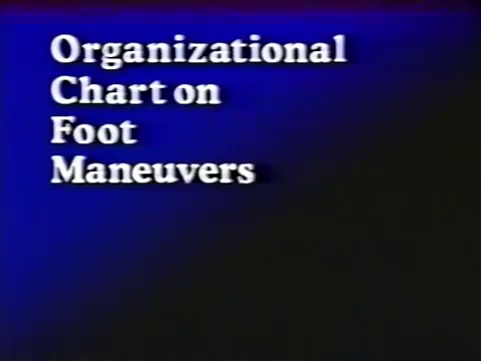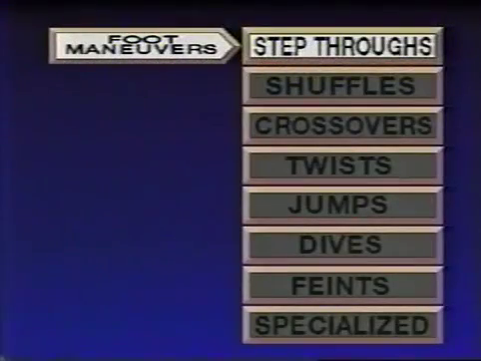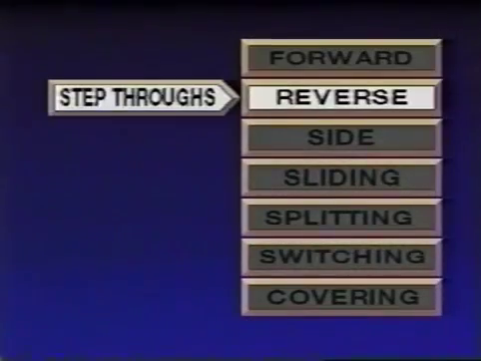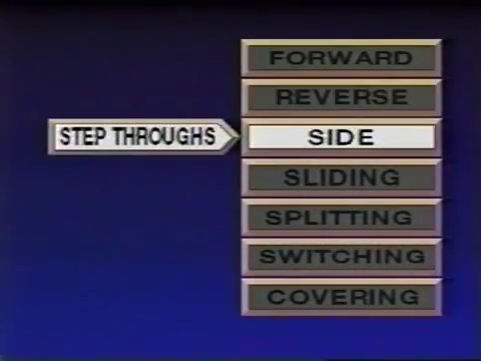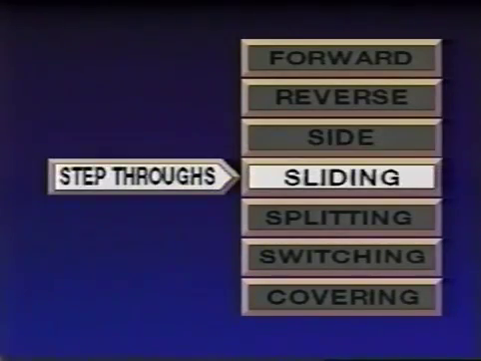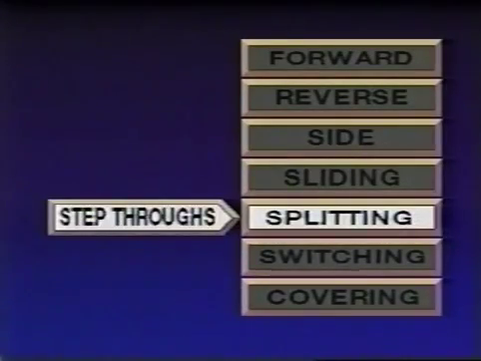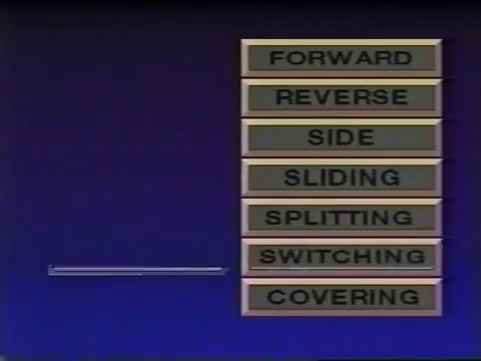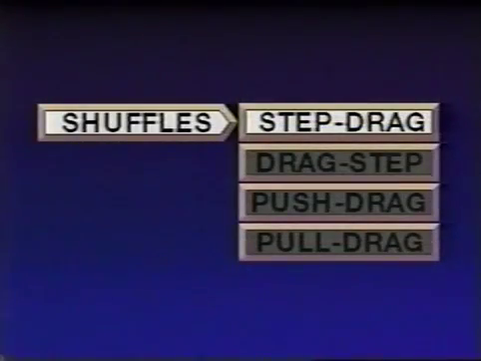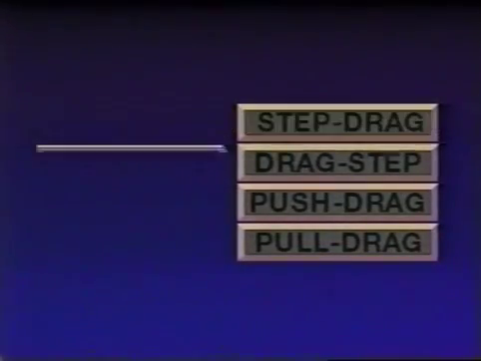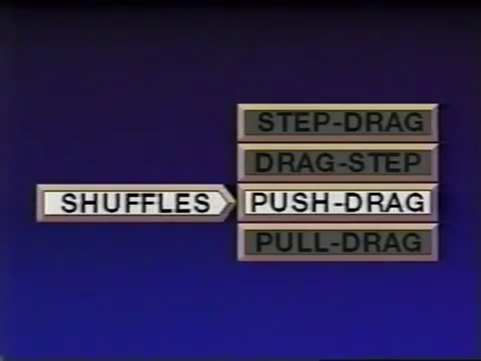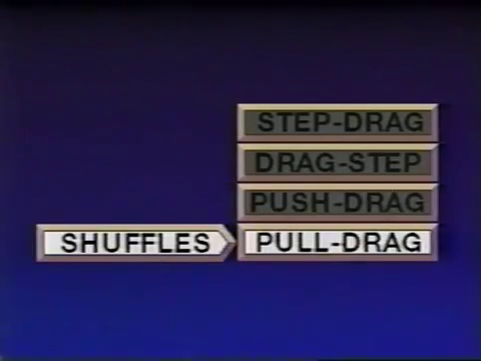Organizational chart on foot maneuvers. Foot maneuvers. There are step-throughs: forward, reverse, side, sliding, splitting, switching, covering. There are shuffles, such as step drag, drag step, push drag, pull drag. In the crossovers, you have front and rear.